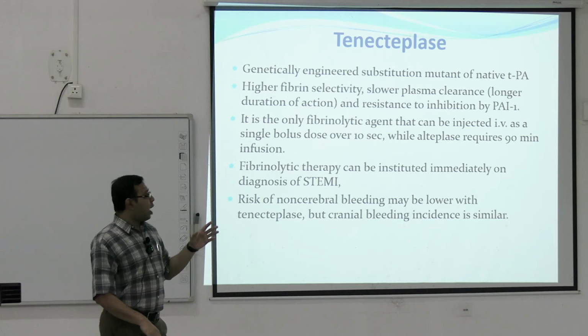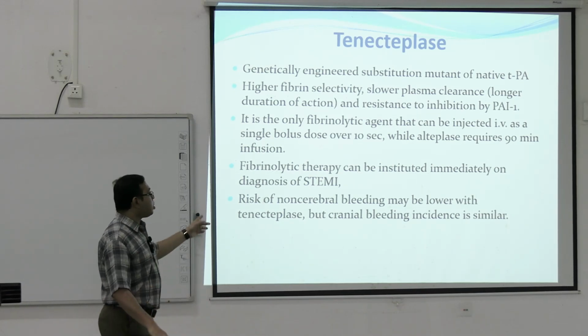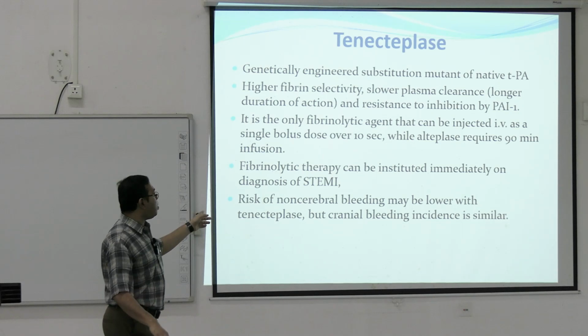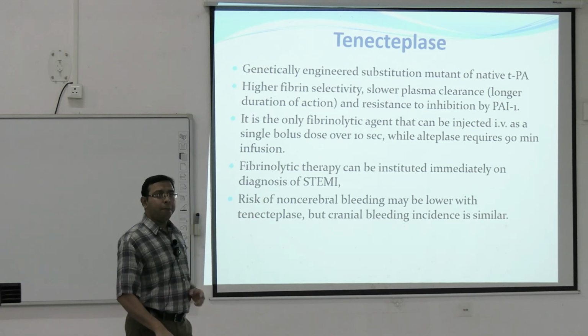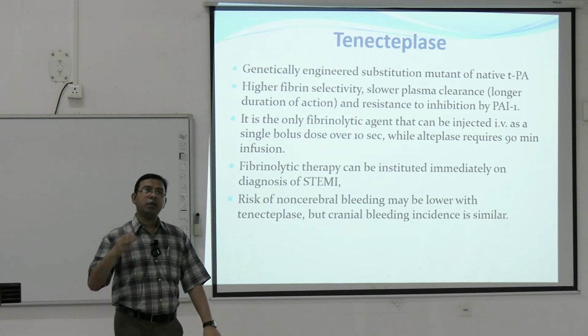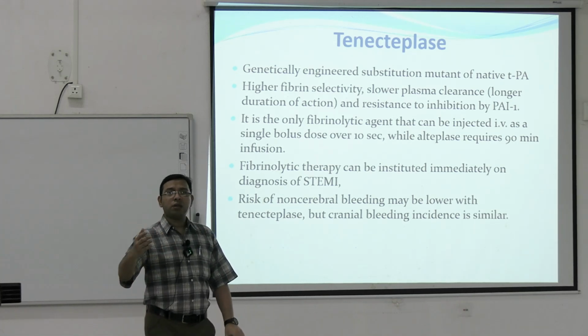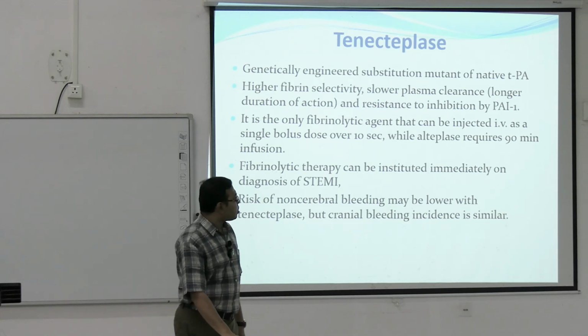Immediate institution can be done, so when there is a heart attack, we can give this immediately. Risks of non-cerebral bleeding may be lower with Tenecteplase, but some cranial bleeding incidents can happen. The problem with all these thrombolytics is the chance of bleeding within the brain. With these newer ones, bleeding within the brain will be less.